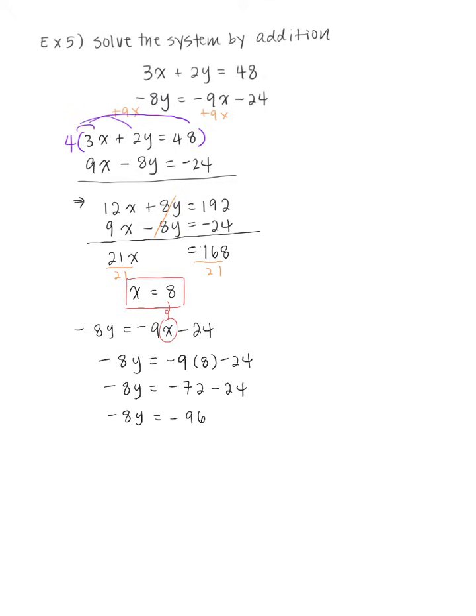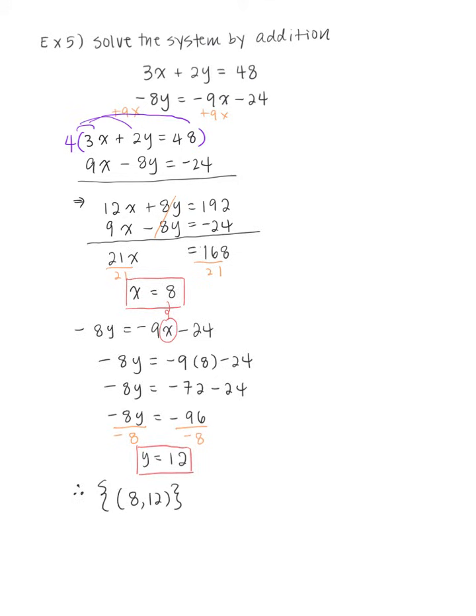Now if I divide that number by 8, actually negative 8, sorry about that, then what are we going to get? Our y is going to be 12. All right, looking good. So it looks like our solution set is going to be 8, 12.